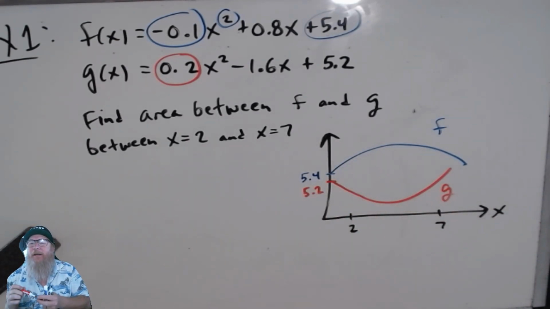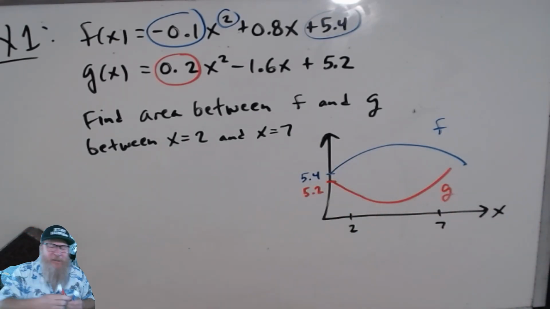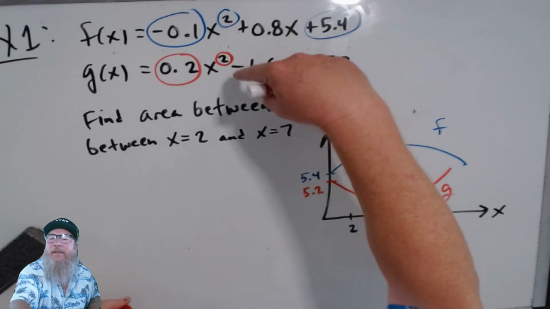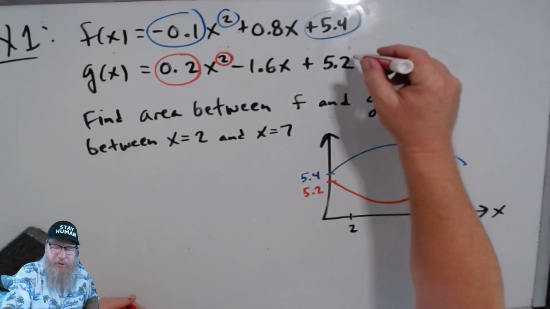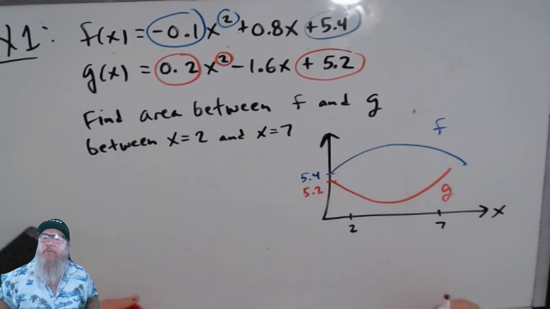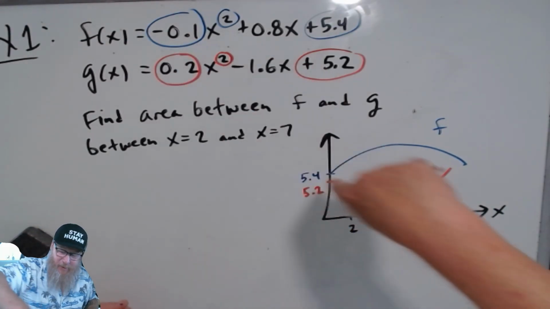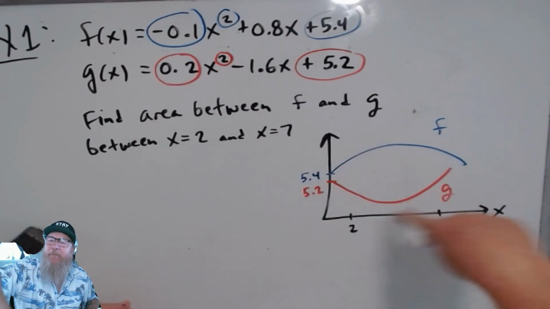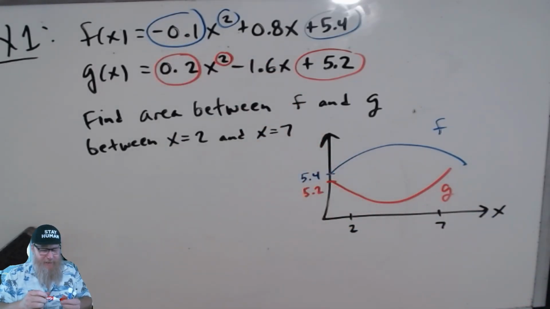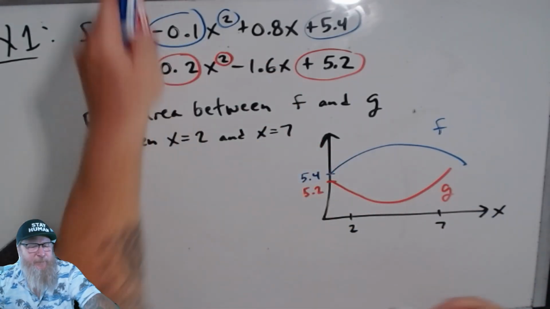That's a pretty good calculus sketch there. You just have to have an idea of what the shape of the graph is, based on the type of function. The y-intercept is always a good marker of where it's located, and then whether it is concave up like g, or concave down like f, based on the leading coefficient. So that's good enough for us.